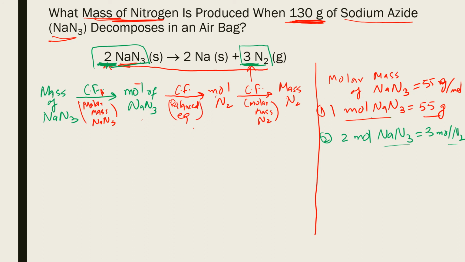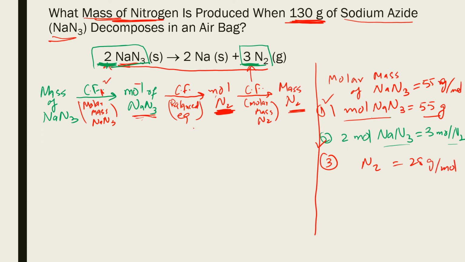Okay, so we already have conversion factor 1, that's from equation 1. We already know the relationship between the moles of sodium azide and moles of nitrogen, that's equation number 2. Finally, we need the relationship between moles of nitrogen and mass of nitrogen. The molar mass of nitrogen is 28, because N2 has 2 nitrogens, so that's 28 grams per mole.